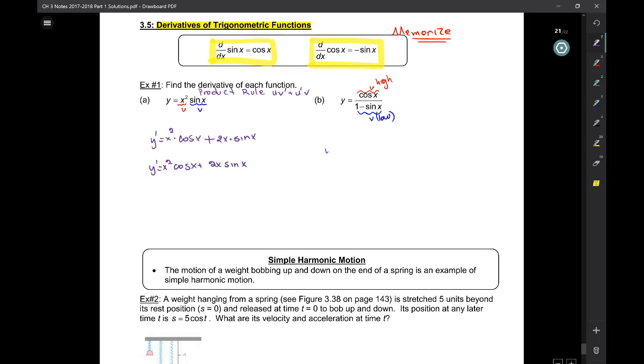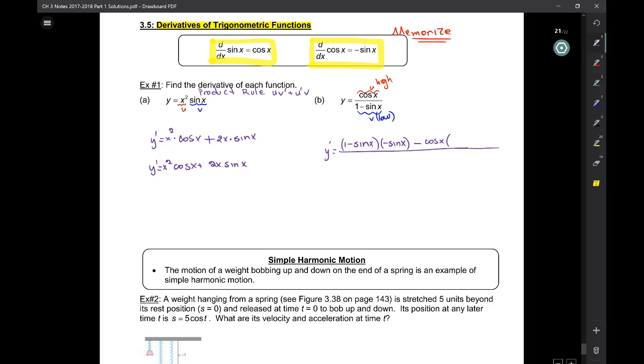So y prime is going to be a fraction, all right? And it's low d high. So 1 minus sine x times the derivative of the high one, which is negative sine x. Take high d low, so it's cosine times the derivative of the low.